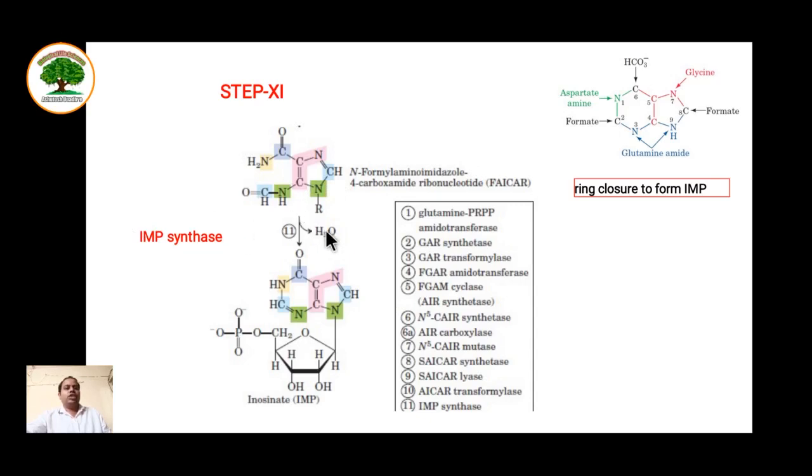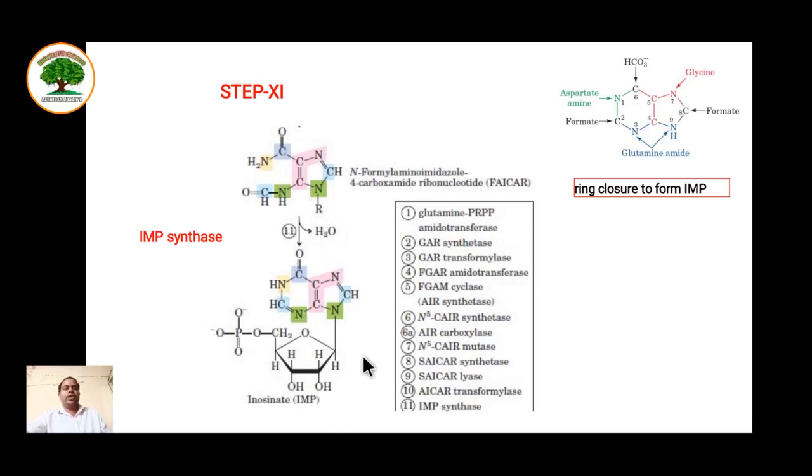By the removal of H2O, you can see here the hydrogen and oxygen from here is removed and a water molecule is removed as a result of the dehydration by this IMP synthetase enzyme. The whole IMP nucleotide is formed. You can see here the whole ring is formed and the R group is substituted here. Now this R group is present in every reaction. Just for convenience, we are writing it as R.